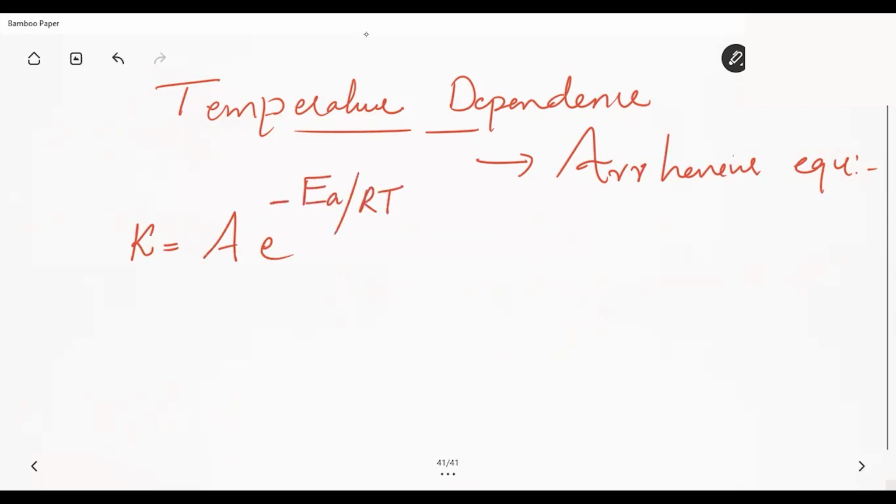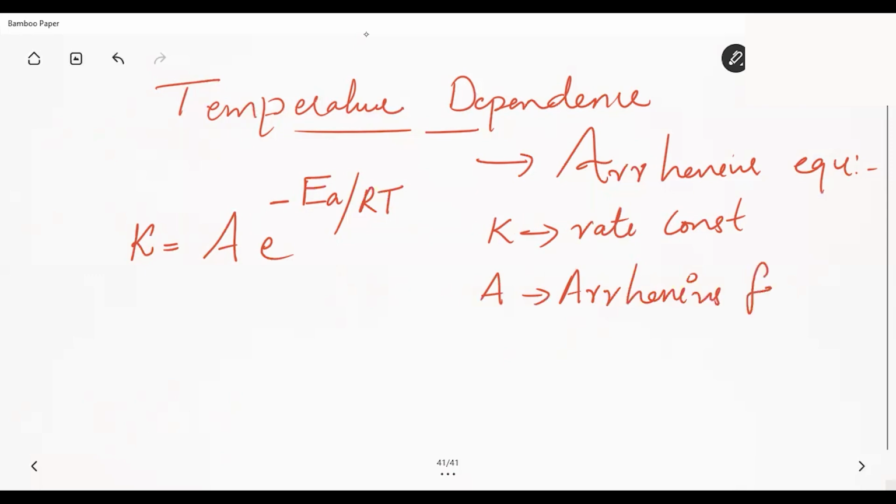First of all, you should know what the terms are. What is k? It is the rate constant, right? And A is called the Arrhenius factor. It is also called by one more name, the frequency factor.